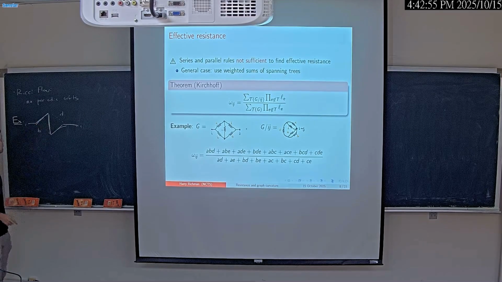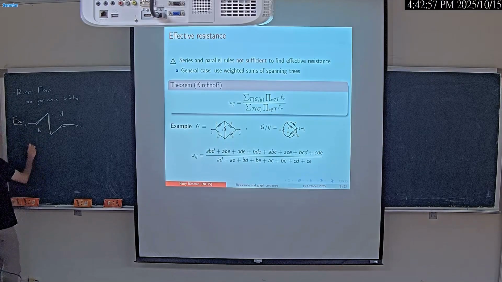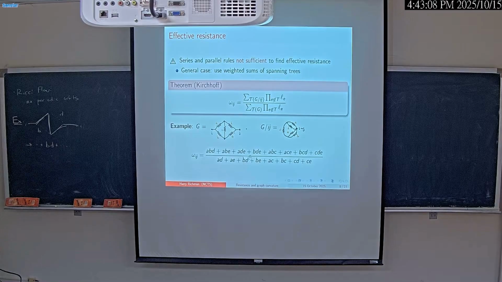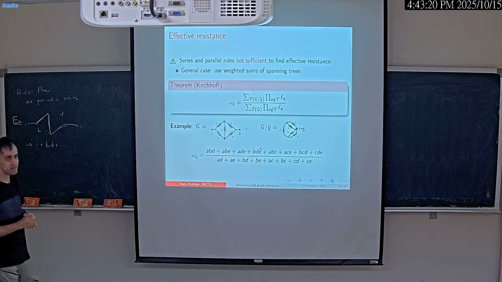So removing B and D gives us a spanning tree. So we see that there's a BD term that shows up here in the denominator. And it turns out every term in the denominator corresponds to exactly one spanning tree in this way. And then doing this for the quotient graph, spanning trees here will correspond to the monomials in the numerator.